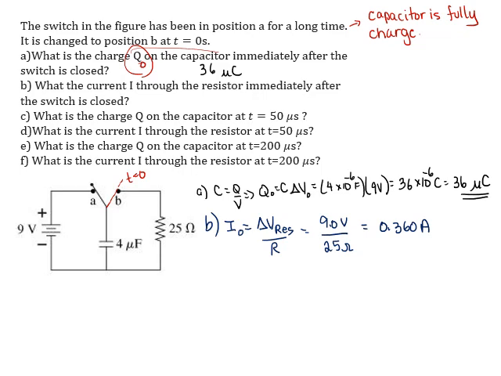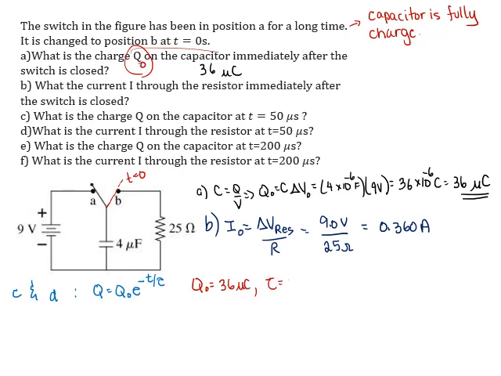Part C, what is the charge Q on the capacitor at t equals 50 microseconds? For part C, and actually part D is going to use the same method, we want to find the charge. We remember Q is equal to Q0 times e to the minus t over tau. Tau, remember, is our time constant. In our equation here, Q0 is our initial charge, 36 microcoulombs.